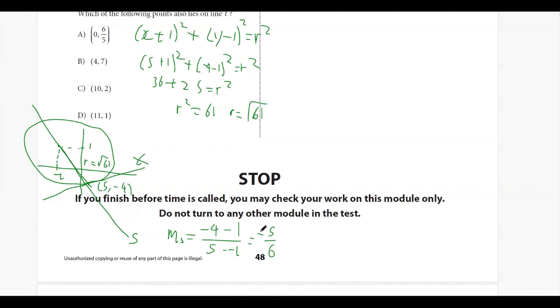And what is the slope relationship between lines S and T? Since they're perpendicular to each other, we also need to know this relation, right? M1 times M2 is equal to minus 1. So with minus 5 over 6 here, M2 is equal to minus 1. We know that M2 is equal to 6 over 5.